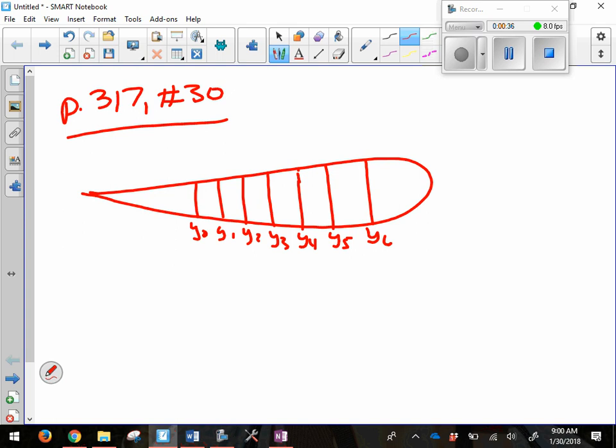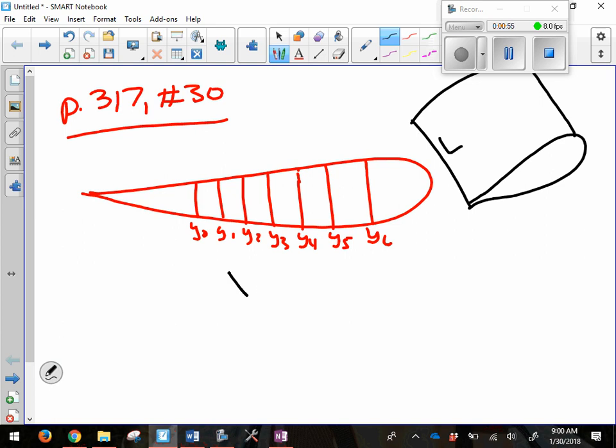values in the book. And remember that what we were really trying to do was here was the tank and there was some length that went back, and we were trying to figure out what that length was. And we said that we could find the volume of that tank by taking the area of this part here and multiplying it by the length.